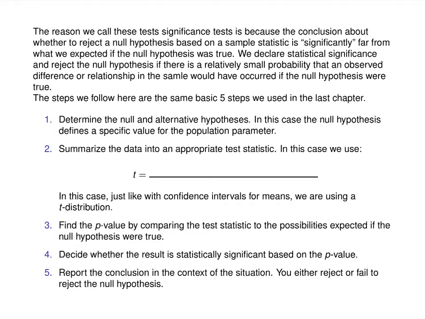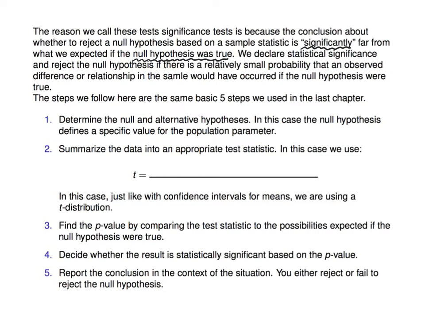Now, the reason these tests are called significance tests is because the conclusion about whether to reject a null hypothesis based on a sample statistic is made if you're significantly far from what we expect if the null hypothesis was true. That's why you're rejecting when you end up with big test statistics. Big test statistics are far from the mean and are unlikely if the null hypothesis is true.